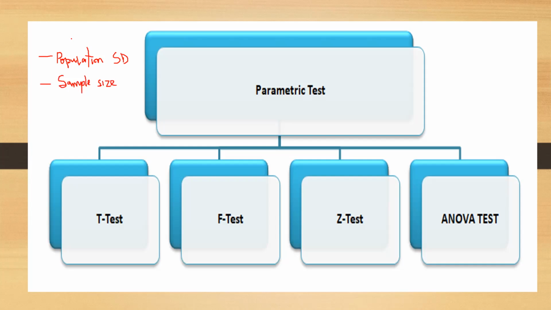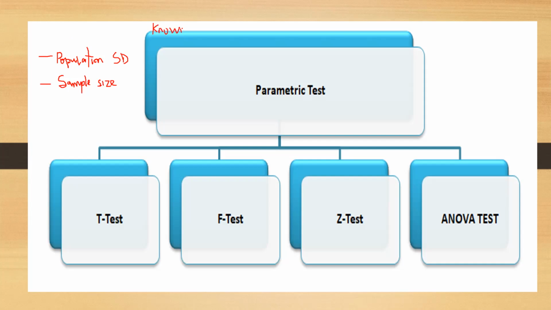If the population standard deviation is known for any question given to you, what do you use? Let me repeat myself. If the population standard deviation is assumed, is known, you will use a what? A z-test.